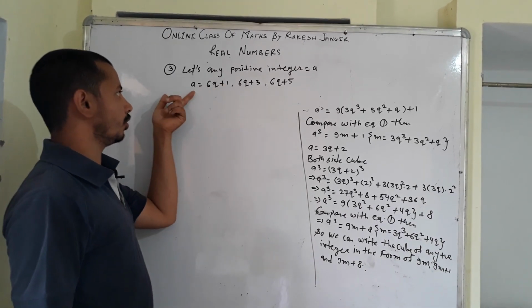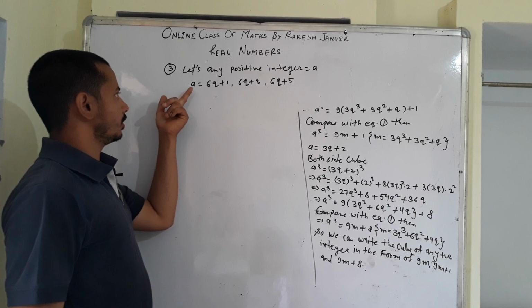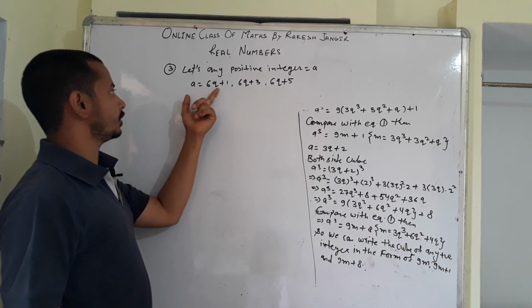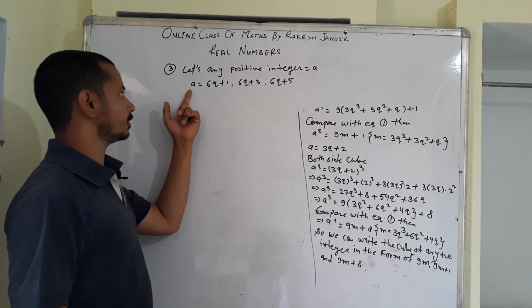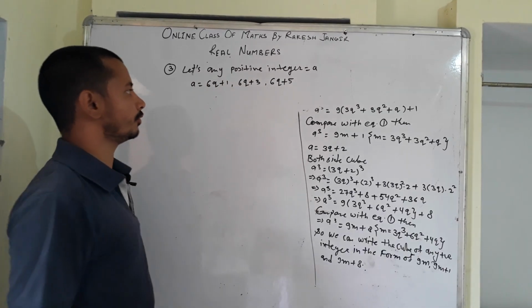Total values of a: first a equals 6q plus 1, second a equals 6q plus 3 and last a equals 6q plus 5.